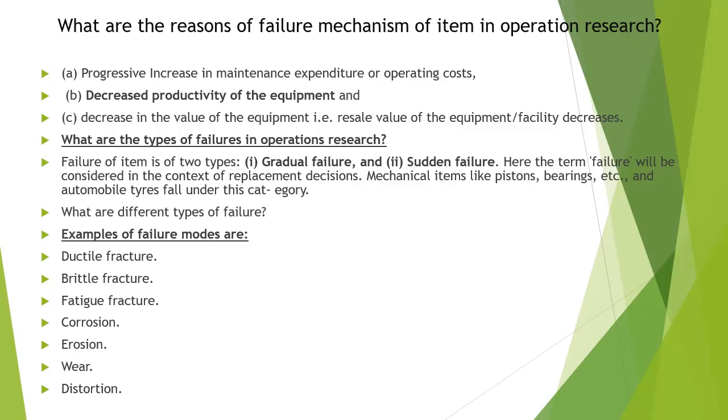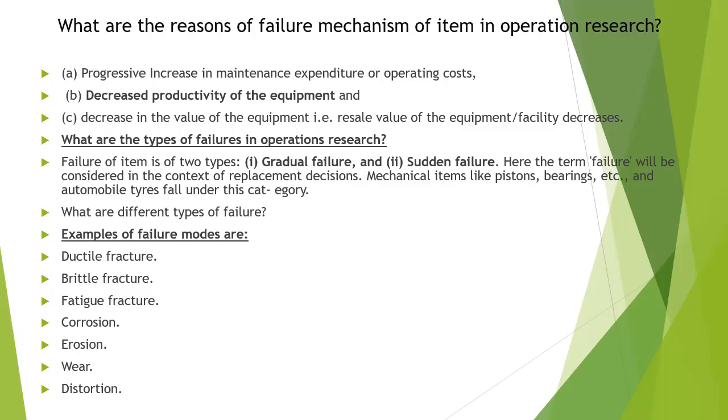So what are the types of failures in operation research? Failure of items is of two types: gradual failure and sudden failure. Here the term failure will be considered in the context of replacement decisions. Mechanical items like pistons, bearings, and automobile tires fall under this category.